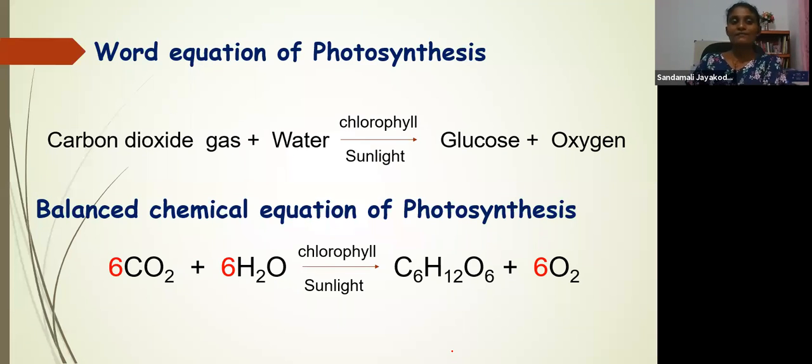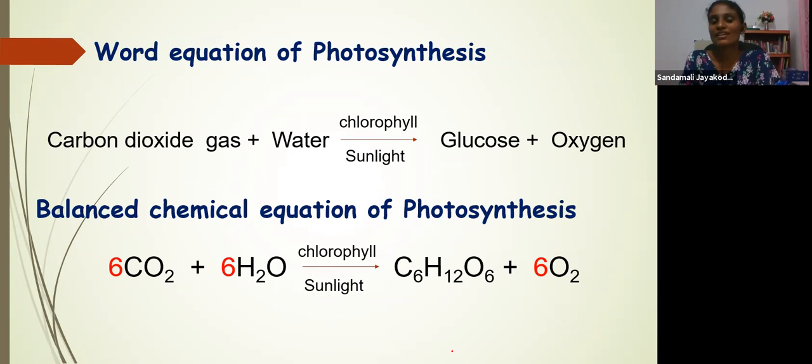So here we learn about the process of photosynthesis. Now we have to know what the word equation for photosynthesis is, because photosynthesis is a chemical process. It's a chemical reaction which happens in plant leaves.